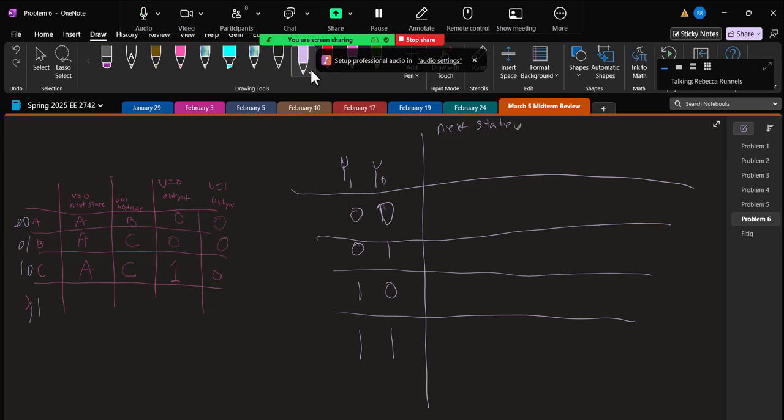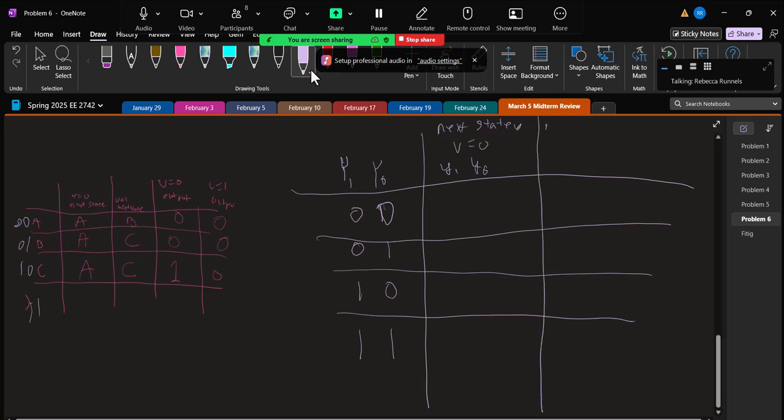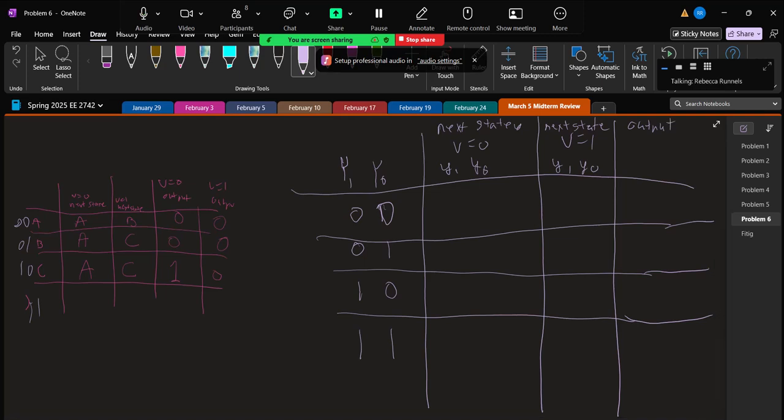I'll have y1, y0 for V equals 0, and I'll have my next state for V equals 1, y1 and y0. And my output, I don't know if I gave it a letter, I'll use W. The output W for V equals 0 and for V equals 1.